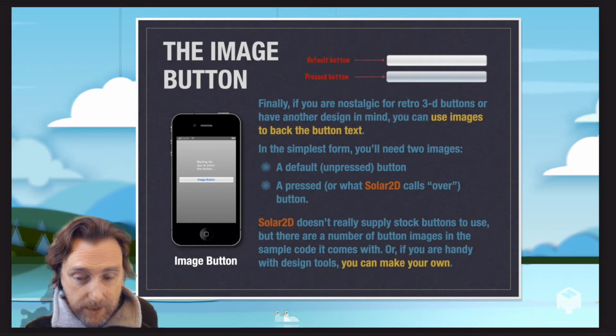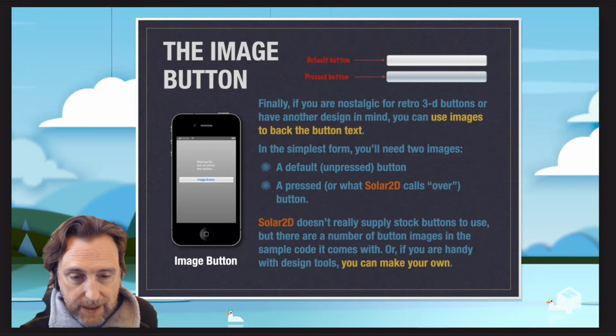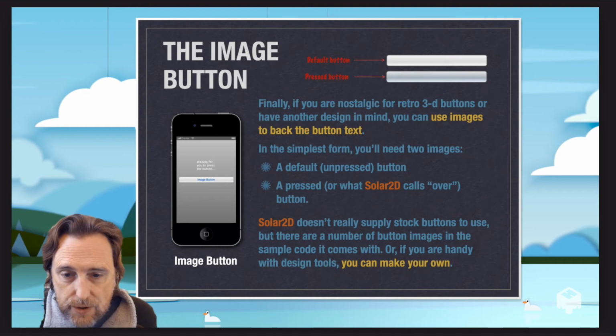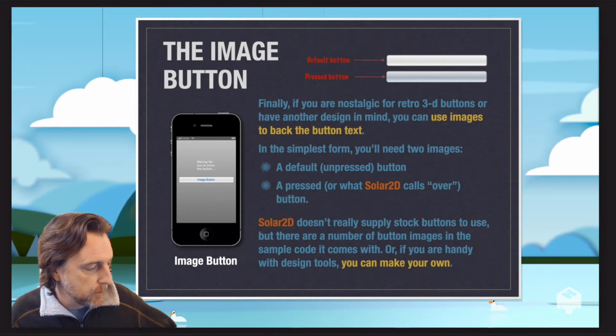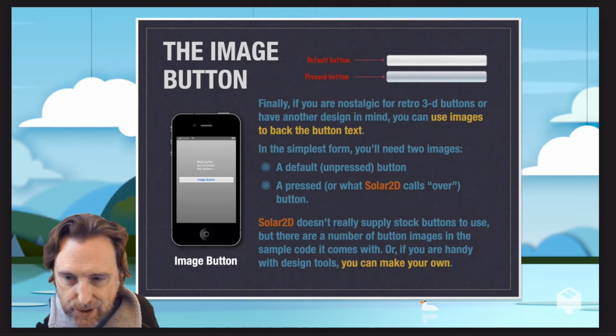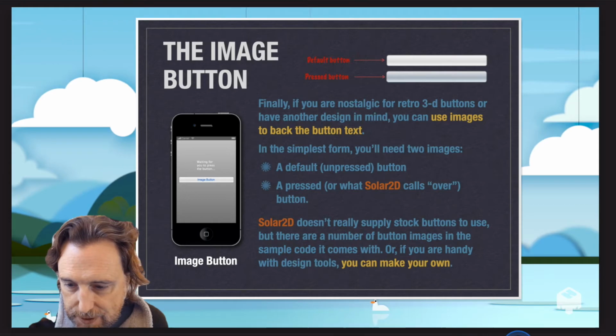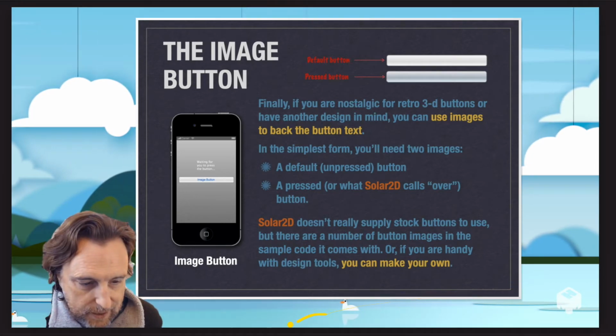I would say you'll want to copy them into the project folder, just like any other image or resource. And Drawn to Code will offer to do that for you as well, to be helpful. So let's jump over quickly to Drawn to Code and see what the image button looks like.